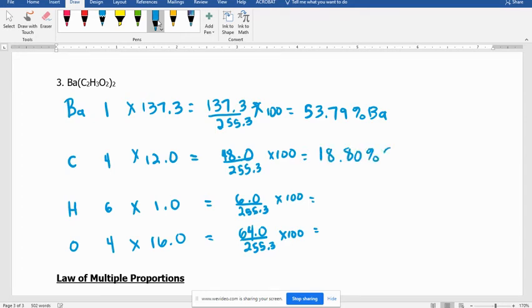That's percent carbon. 2.35. That is percent hydrogen. And 25.07. And that is percent oxygen. So that's how we do percent composition when we're given information off of the periodic table and given a formula.